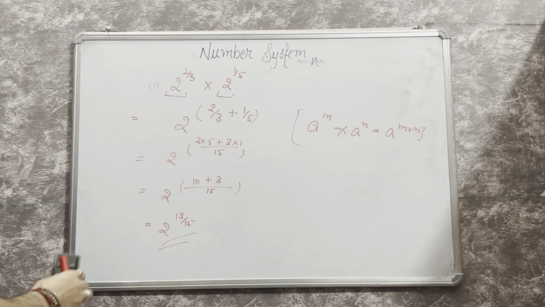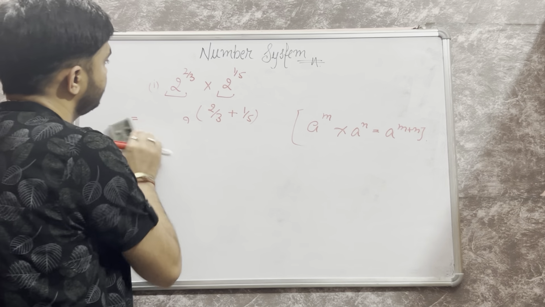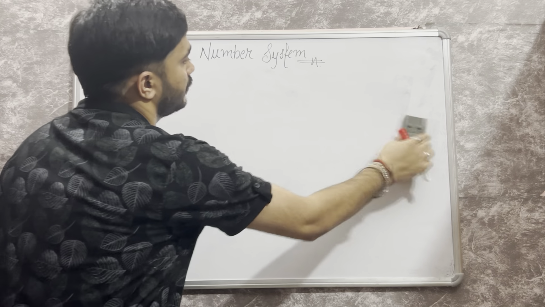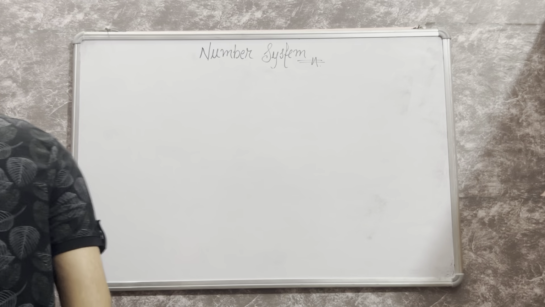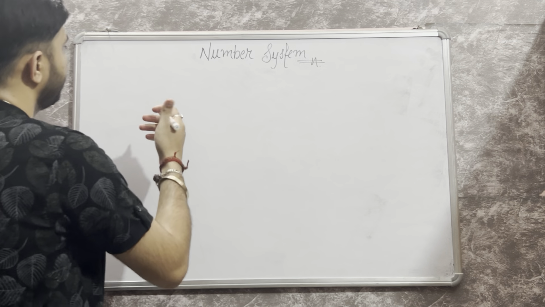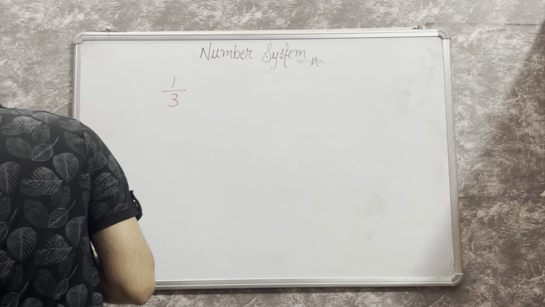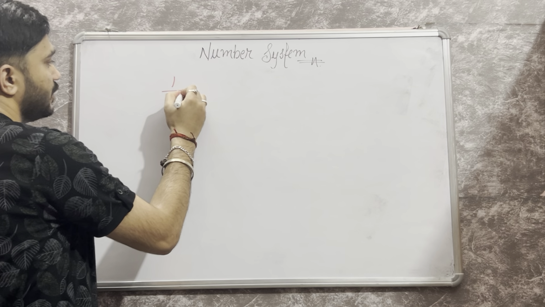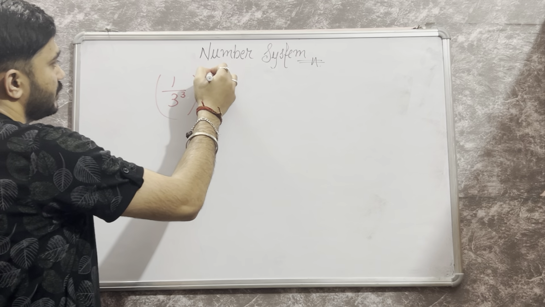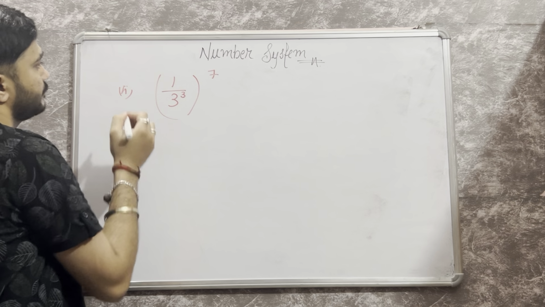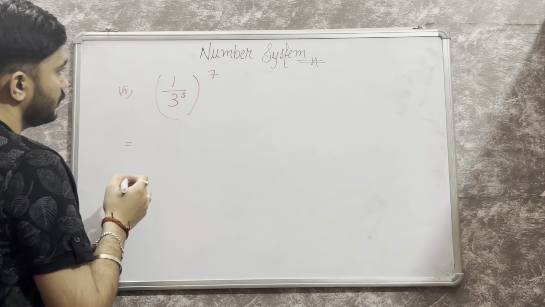Moving into the second question. That is, simplify 1 upon 3 power 3 whole raised to power 7. How we are going to solve this?